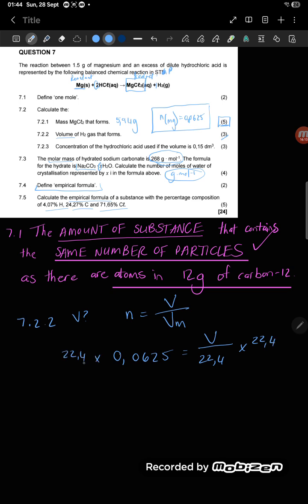So therefore my volume is going to be 1.4 decimeters cubed, and that's of H2 gas. That wasn't difficult. 3 marks. 3 marks.